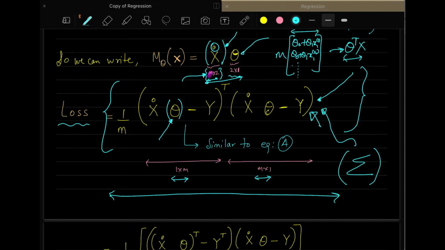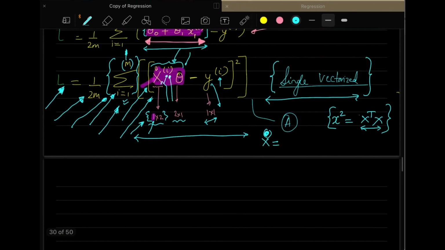I didn't understand how from single vectorization we move to double vectorization. So the doubt is mainly how that term looks, the transpose or non-transpose from X. See, if you are comfortable with linear algebra, then I think it will not be a problem.